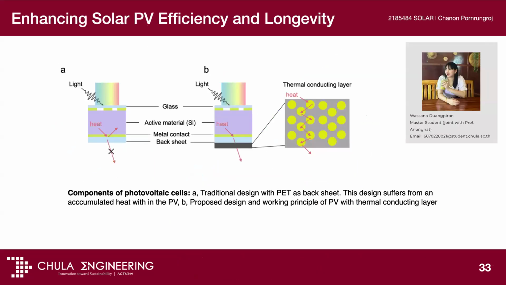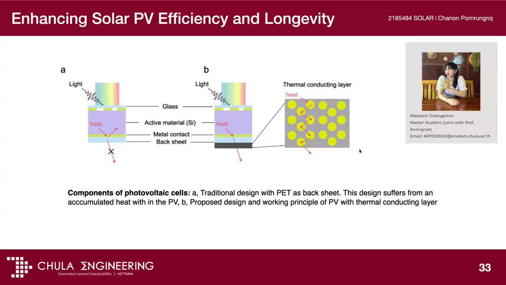The last thing I would like to talk about here is, as I mentioned, heat is always a problem in any energy conversion using solar light. This is one of the projects that my master's student is doing. Normally, the solar panel efficiency that you buy right now is 20%, and that's measured at 25 degrees, standardized.